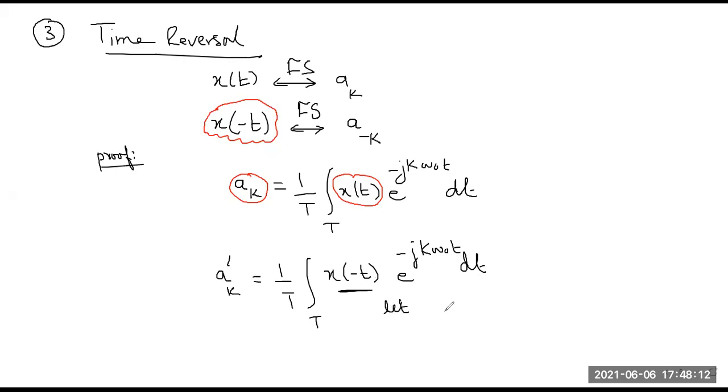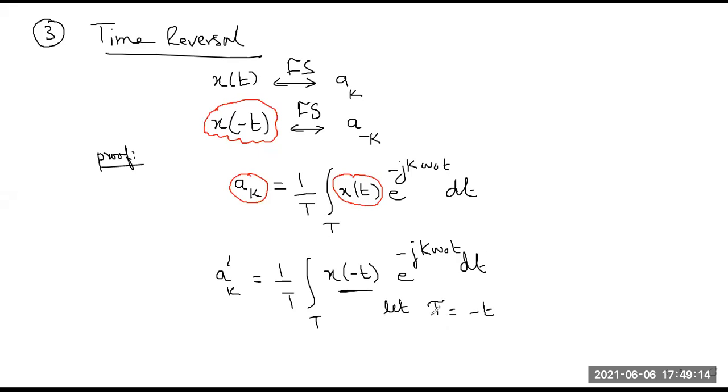Let tau be equal to minus t. Because in this original expression the variable is t, and now we are changing into tau, we have to change the interval of integration as well.